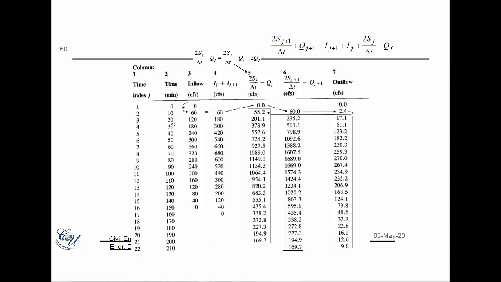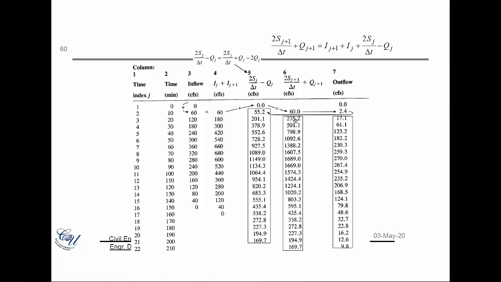In the third row, the time again is 20 minutes, inflow is 120. I'll come to the fourth column. In the fourth column, I'll just add these two discharges, 60 plus 120, I'll get 180. Once I reach here, 180 plus 55.2 would give me 235. Again, you see we left the fifth column. We just went from the fourth column to the sixth column by adding this 180 to this 55.2. We got 235.